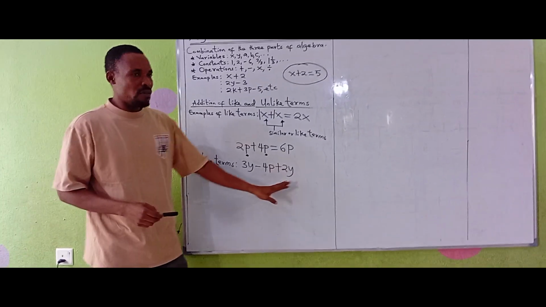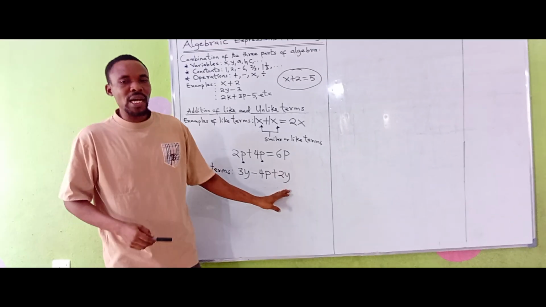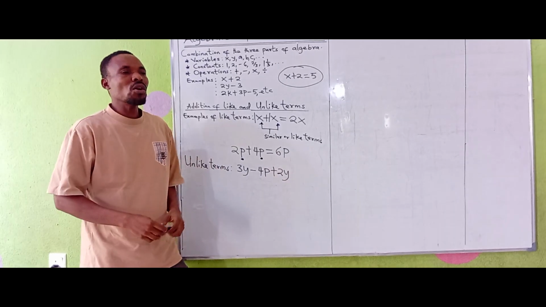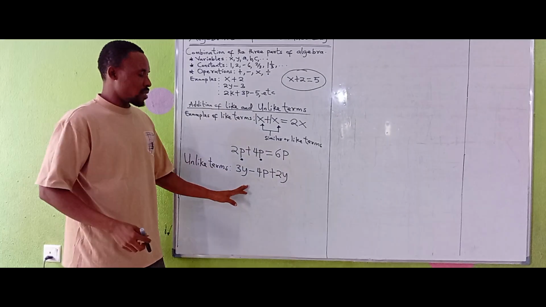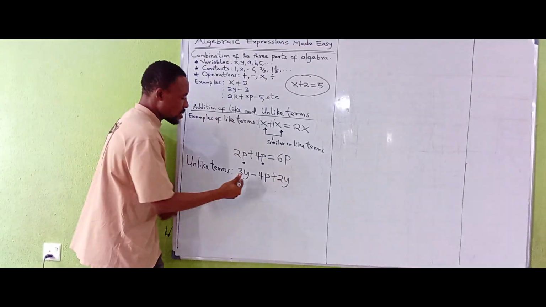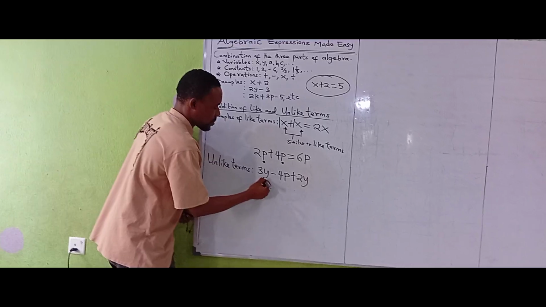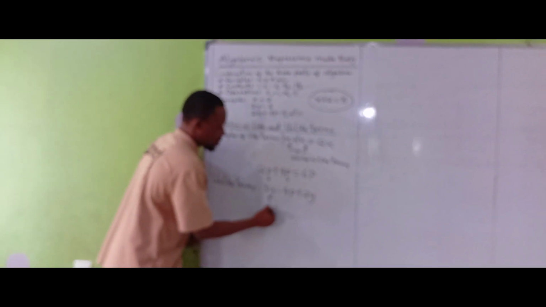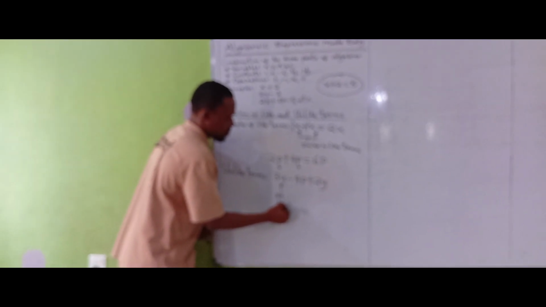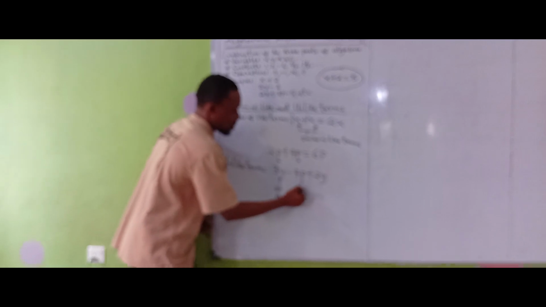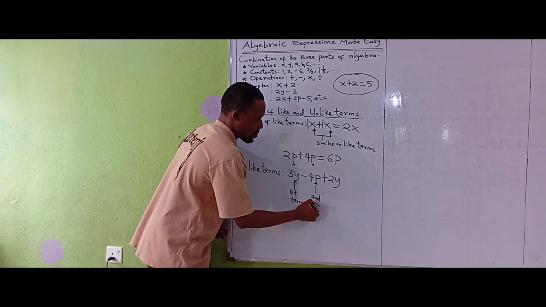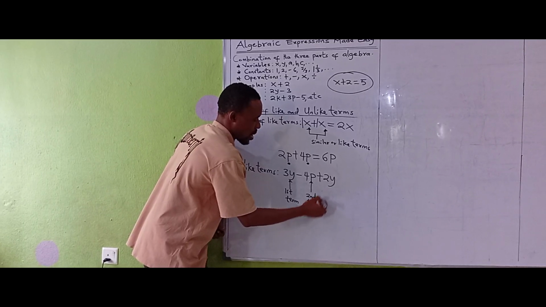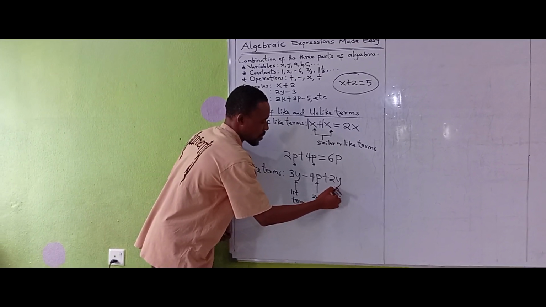Now, how do we simplify this? Again, in order to simplify, we have to bring together the terms that are similar. We have 3 terms here. This is the first term, this is the second term, and this is the third term.